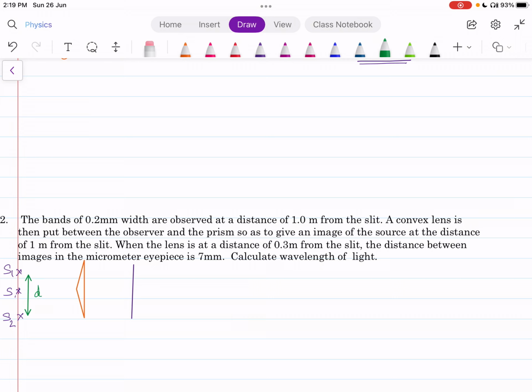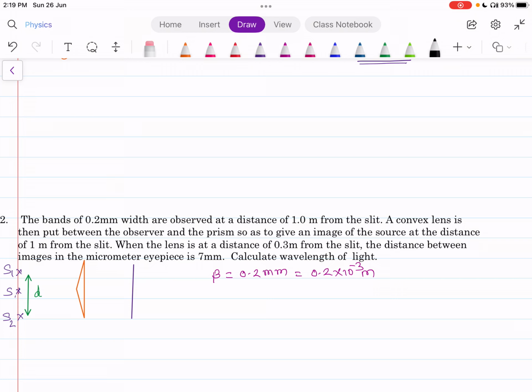So the bands of 0.2 mm width means that beta is given, which is 0.2 into 10 raised to minus 3 meter. And observed at a distance of 1 meter from the slit.